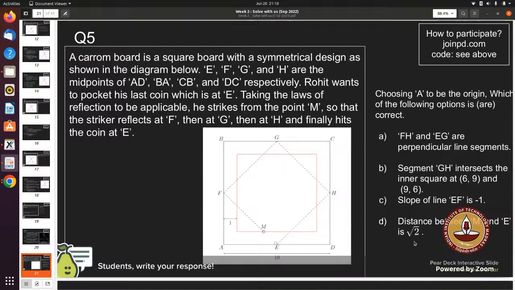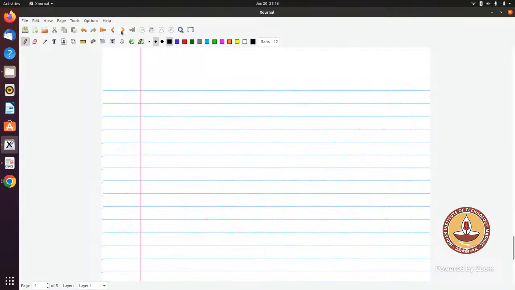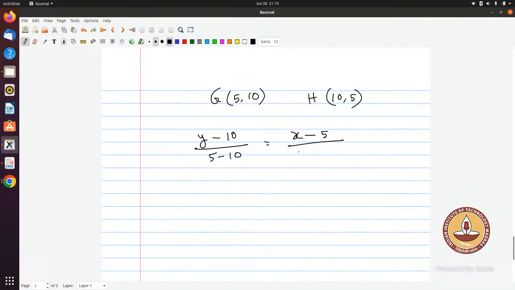G was 5, 10 and H was 10, 5. Using the two-point form, y minus 10 by 5 minus 10 equals x minus 5 by 10 minus 5.